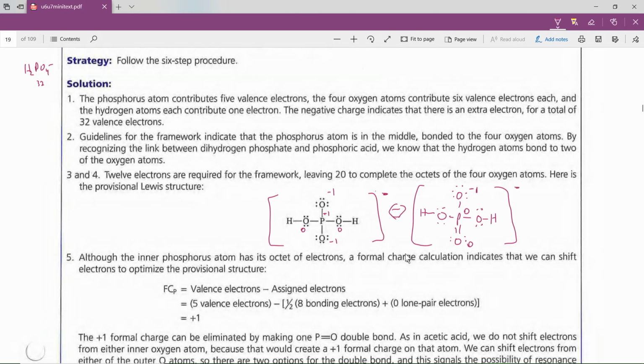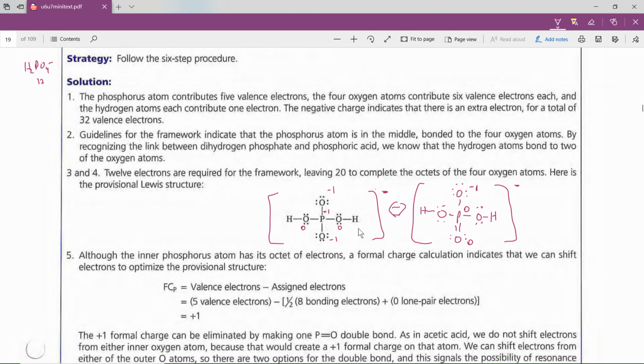formal charges are minimized. So both descriptions or contributions describe the bonding, but having the one on the right with formal charges more zeros in them, more minimal than the one on the left, means it's the majority contributor and the other one is a minority contributor. Okay, they both contribute, but one's a majority and one's a minority.